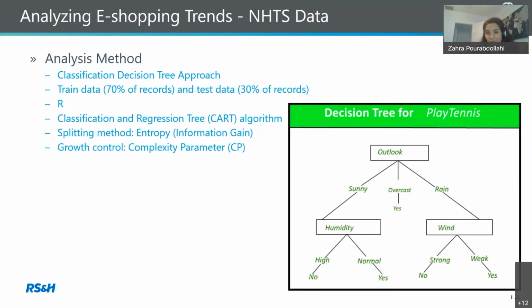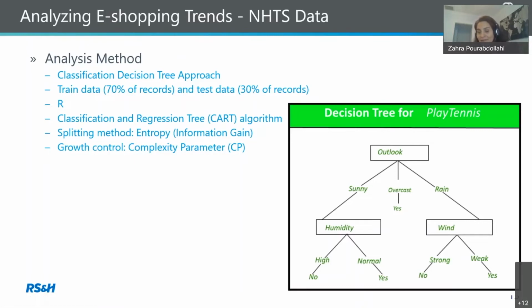They are very efficient data mining techniques for fitting big and complex data and identifying interdependencies. If you are familiar with them, you know how easy they are to develop and how intuitive they are. But if you're not, I have included a very simplified format of this decision tree here to show how they look and how they work.